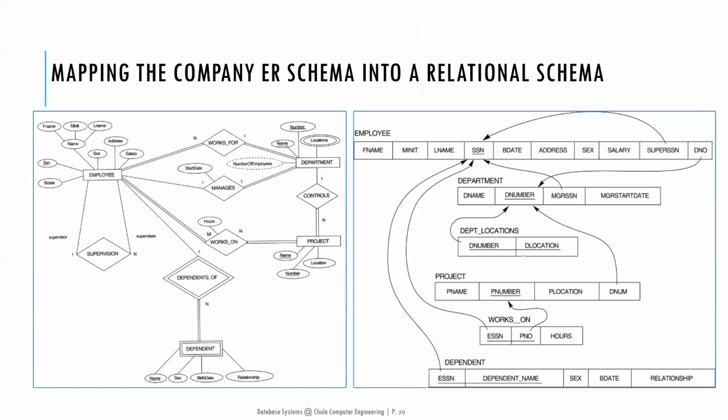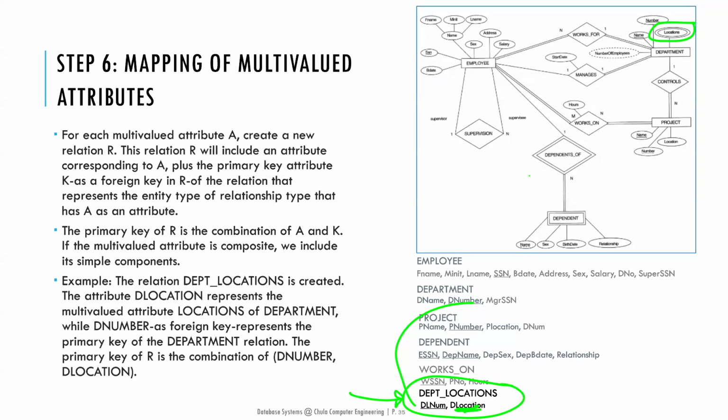The multi-valued attribute. Okay, sure. So for the multi-value, which is step number 6, we only have a multi-valued attribute here, in locations. So when you have multi-valued, you always create an extra relation.